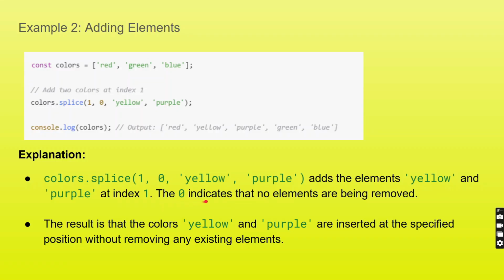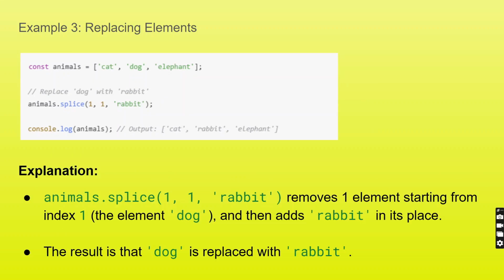The 0 indicates that no elements are being removed. The result is that yellow and purple are inserted at the specified position without removing any existing elements. Because if this is 0, that means no elements are removed. If it is 1, one element should be removed.